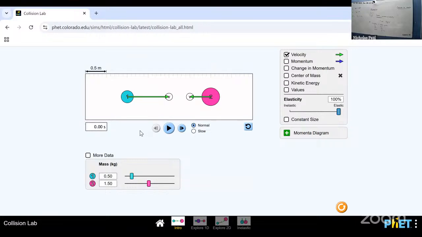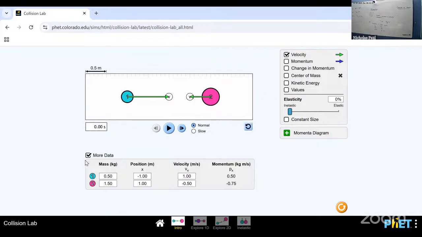So watch this here, right? Let's watch some more, get some more data. So the velocity is 1 and minus 1.